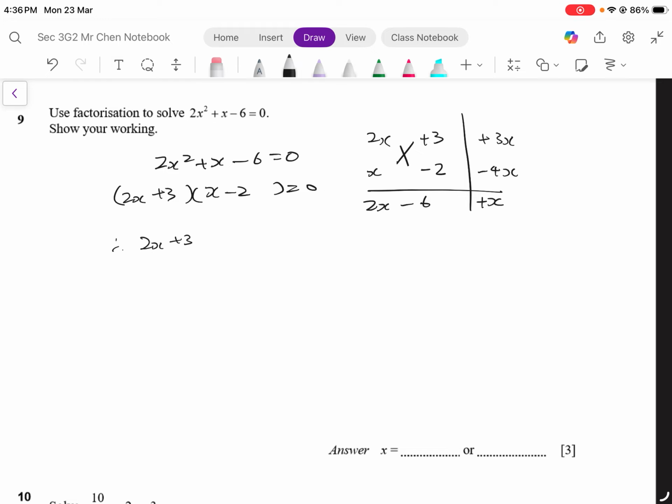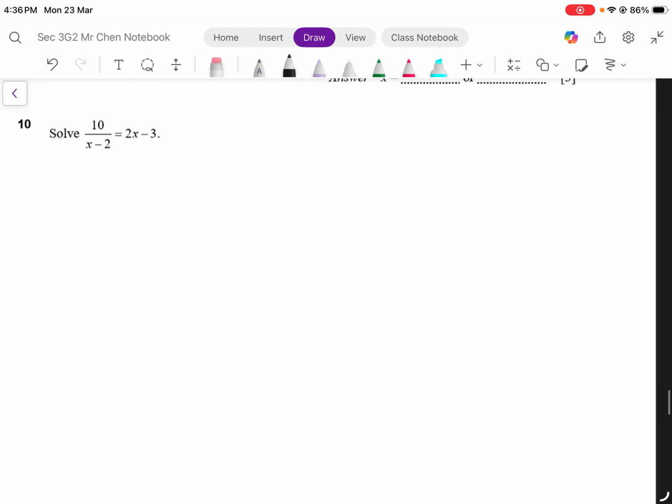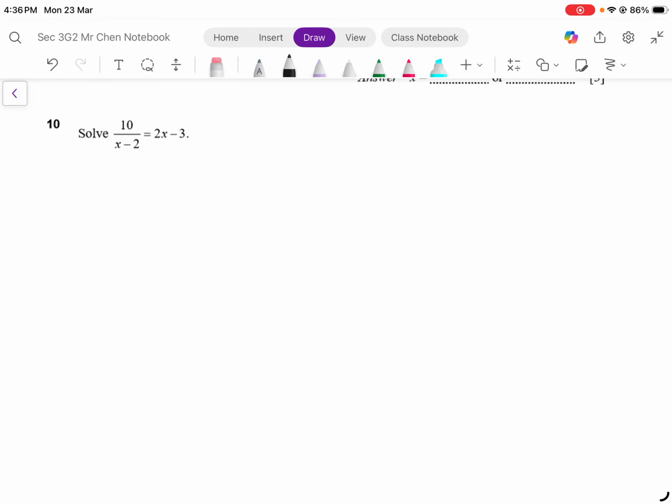2x plus 3 equals 0, or x minus 2 equals 0. Answer: x equals 2, or 2x equals minus 3, so x equals minus 3 over 2. Then you get your two answers, 2 and minus 3 over 2. Next one, solve.